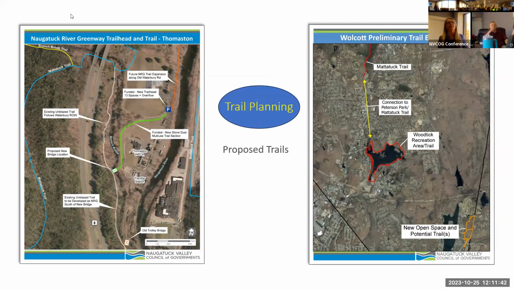On the right, we have a map showing a local trail and a state trail, and how they're proposing to connect the two. These are often for public information, for town meetings, so that people can visualize what their goal is.